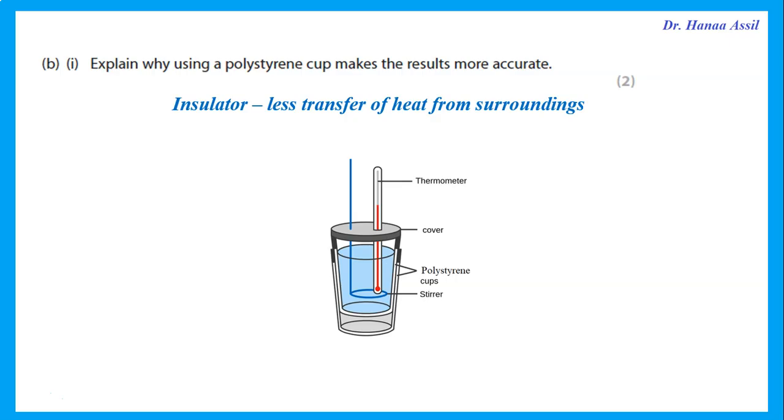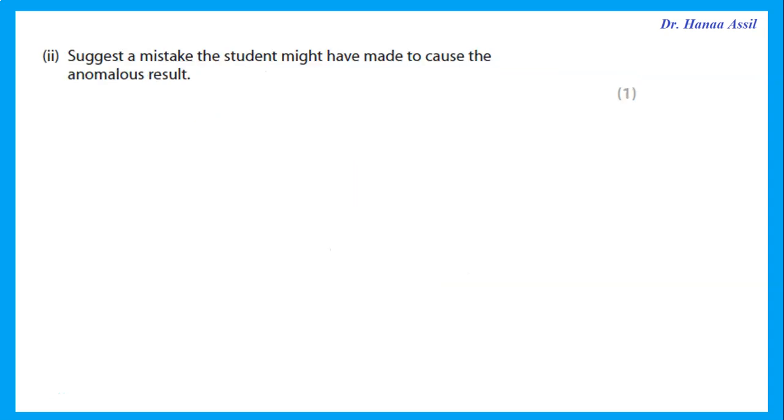Insulator means it does not allow transfer of heat to the surroundings or from the surroundings. In this experiment, the temperature was going down. That means this was an endothermic reaction, so the reaction was taking heat from the surroundings. So having a polystyrene cup makes less transfer of heat from the surroundings.